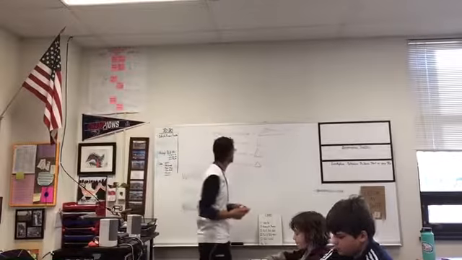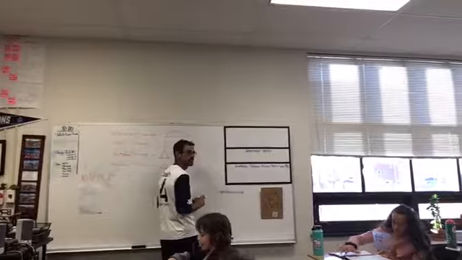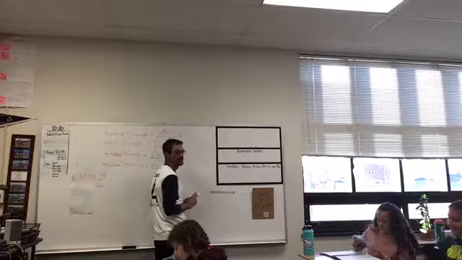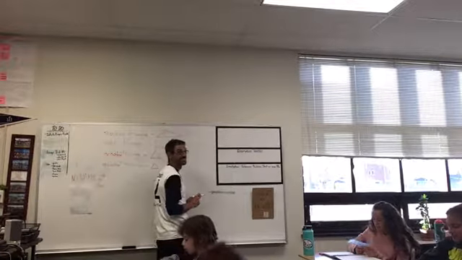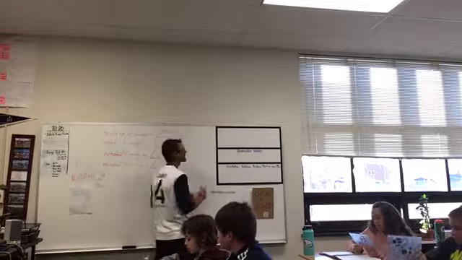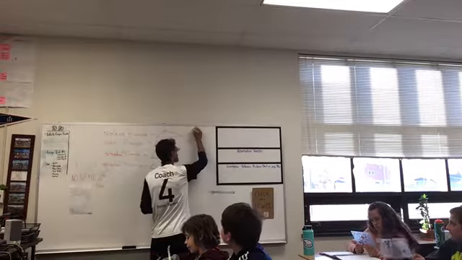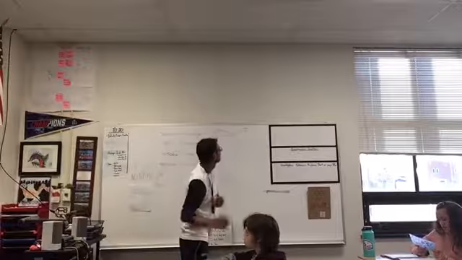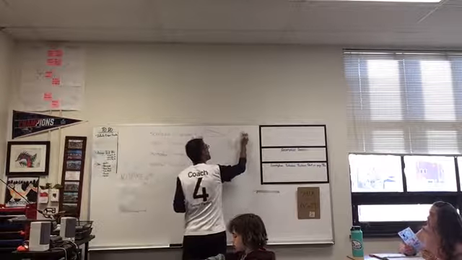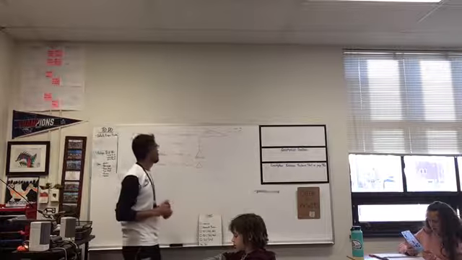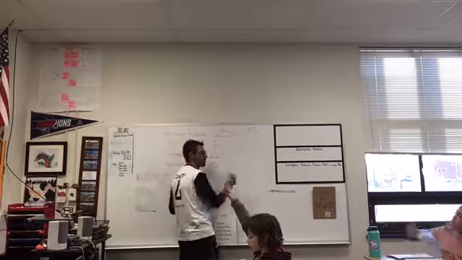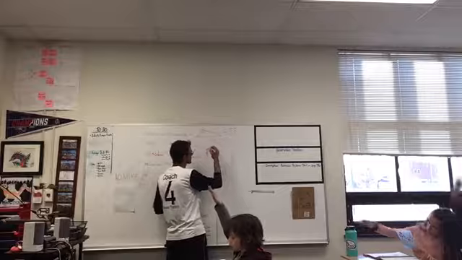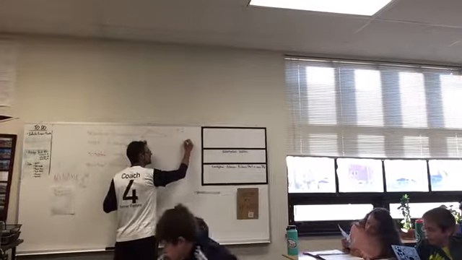What's the number for the scalene? T5. Wait, I don't think so. It's T3. That's T3. What about a right triangle? T1. Axel? T2 or T5. T2.